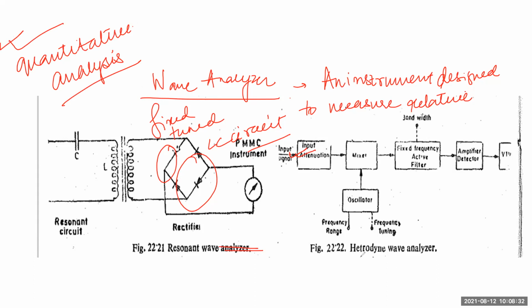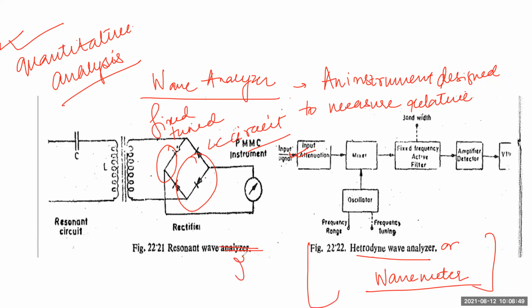Now next comes the heterodyne wave analyzer, which you can also name a wave meter. Important thing: what is a heterodyne wave analyzer or wave meter? The heterodyne wave analyzer has certain advantages and overcomes some of the difficulties encountered in the resonant wave analyzer.